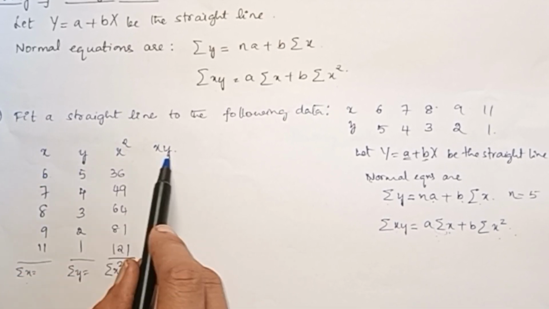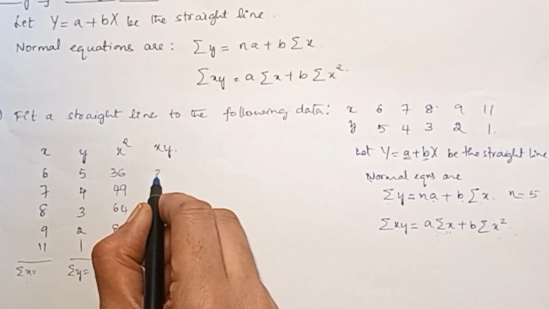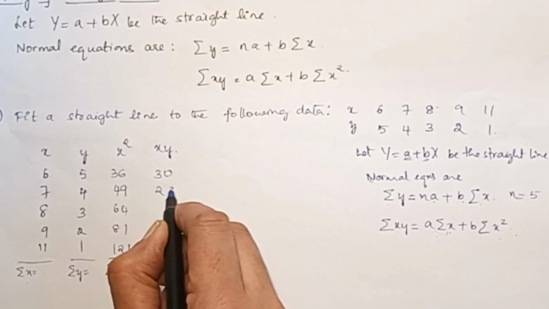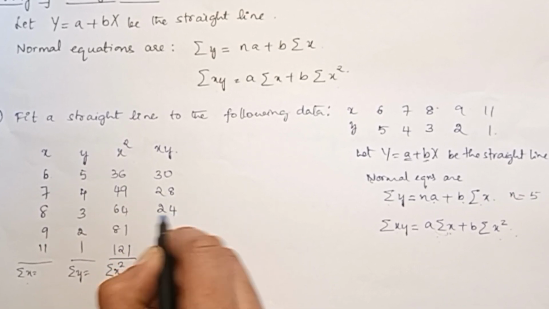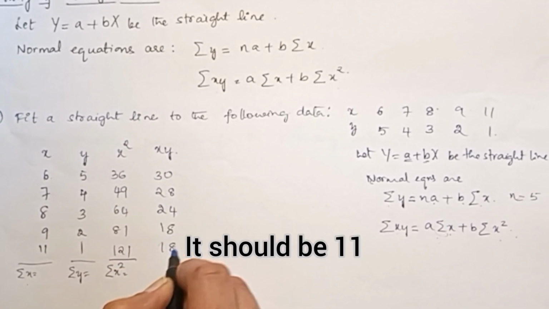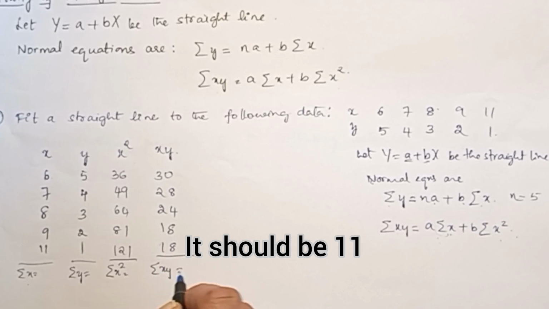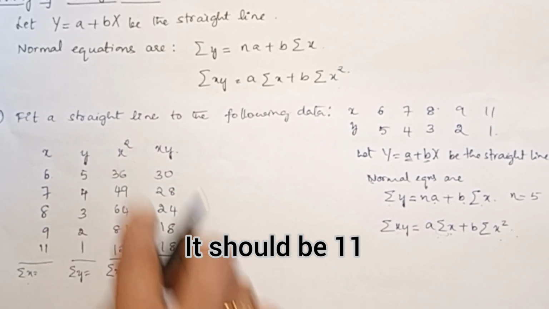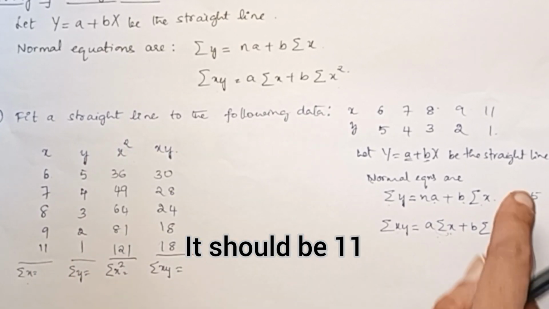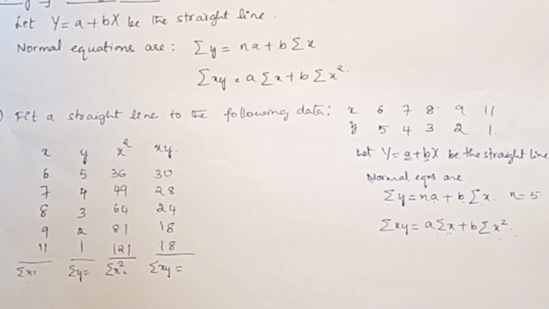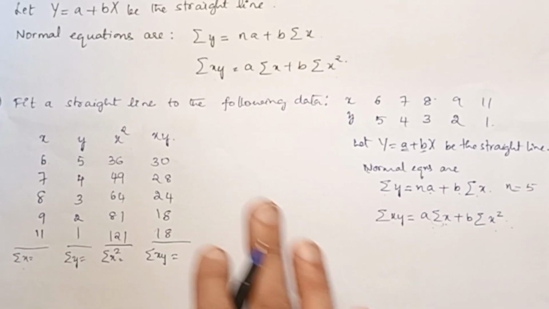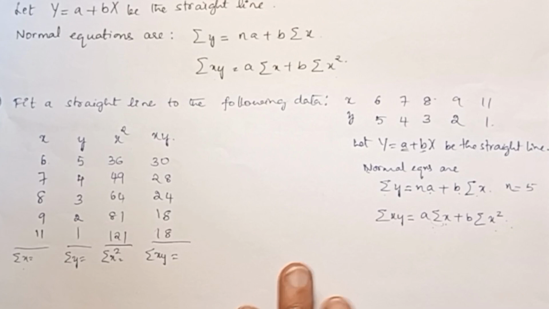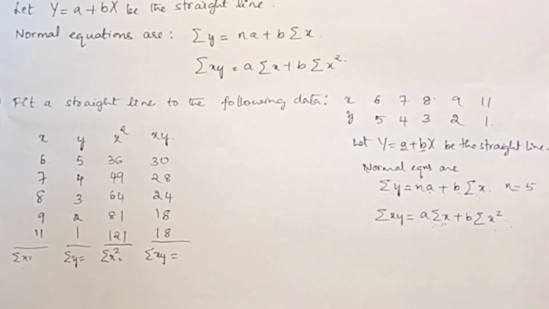Then I need to multiply x and y. 6 5s are 30, 7 4s are 28, 24, 18 and 11. I need summation of xy. I need the values of all this. Then I have to substitute into these normal equations. Easy. The thing is, you have to remember the normal equations. So for straight line, then for second degree parabola, then power curve and so on.